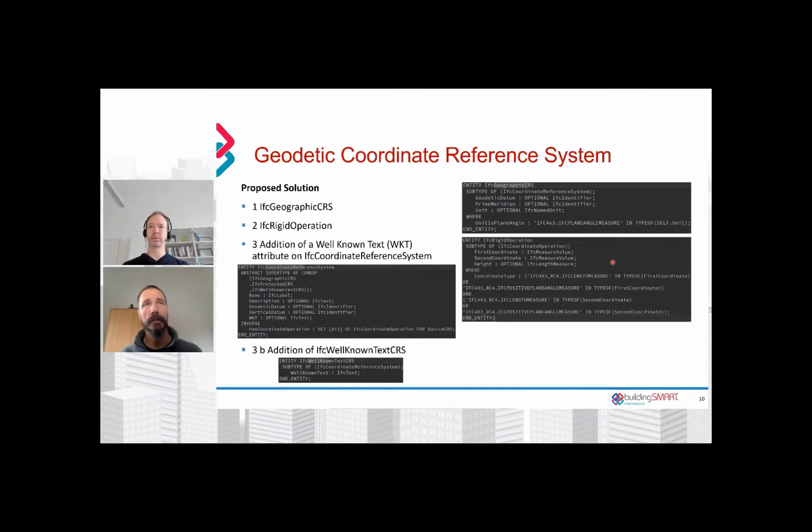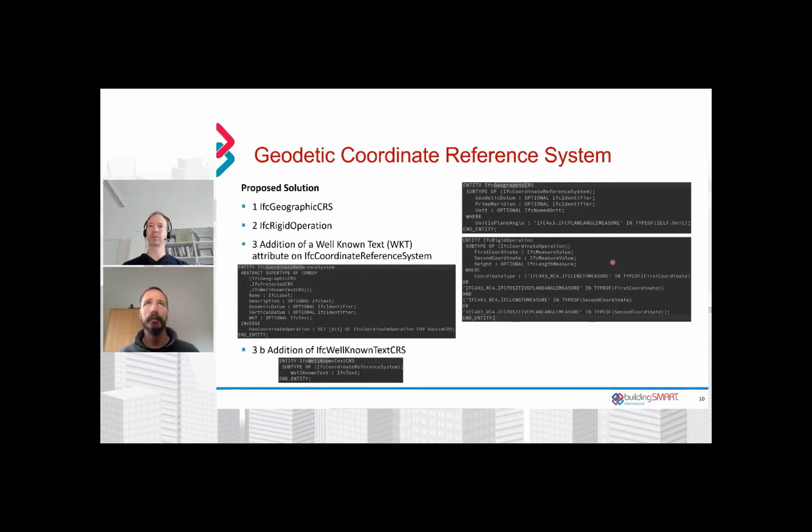A where rule again has to be applied here. This where rule specifies that our coordinate type is either length measure or positive plane angle measure, and that it's consistent across the board for the first and second coordinate.